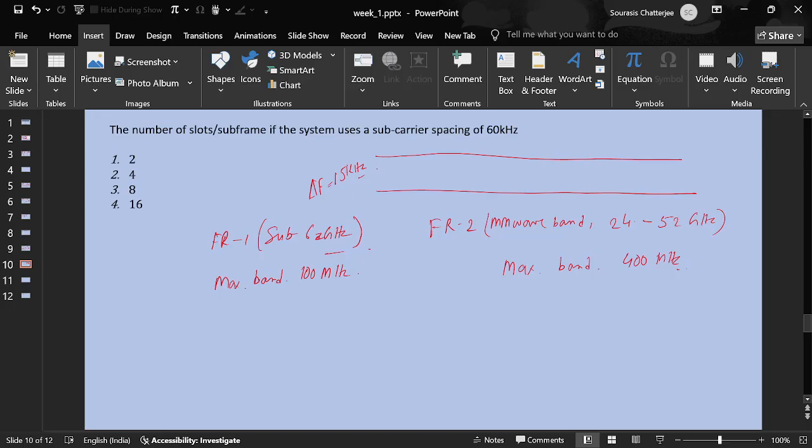Not exactly. What I'm trying to ask is, you mentioned that subcarrier spacing is more in the case of FR2, but you also pointed out earlier that more subcarrier spacing means your CP duration decreases. So will that not create an issue in terms of mitigating intersymbol interference?